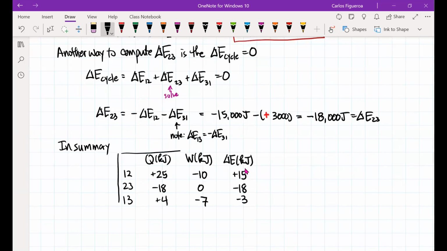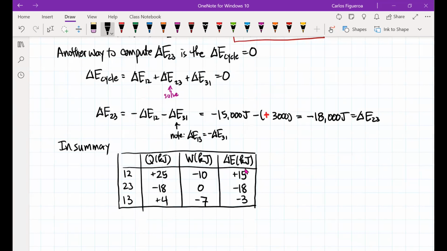There's a reason why I wanted to summarize these, and I want to show you what I'm talking about. Now note, this right here is a single cycle. So if I look at this, look what happens.